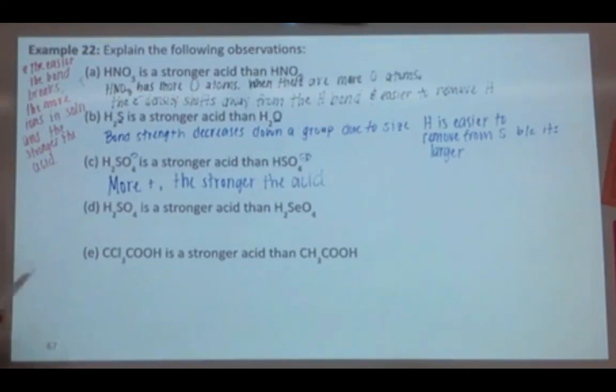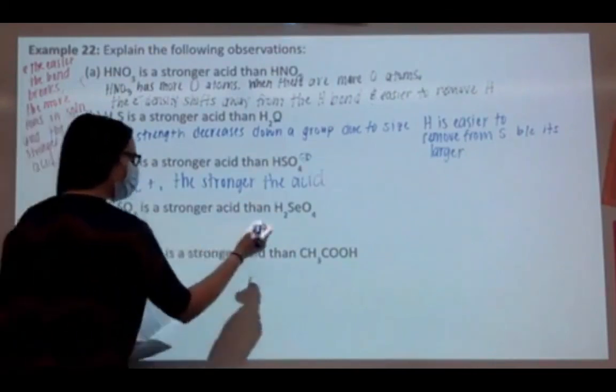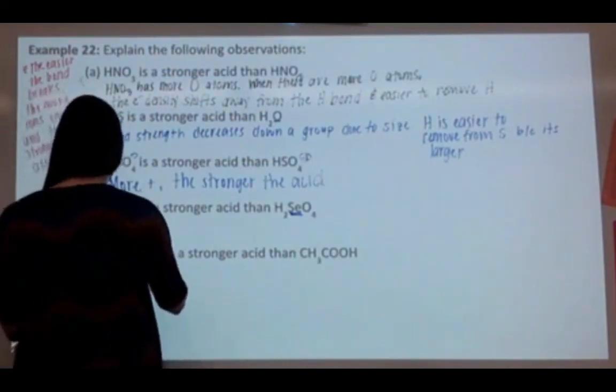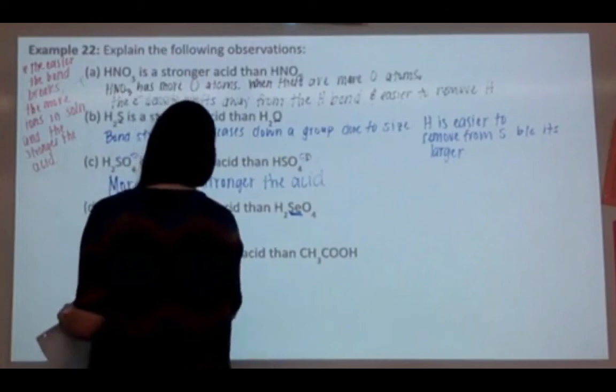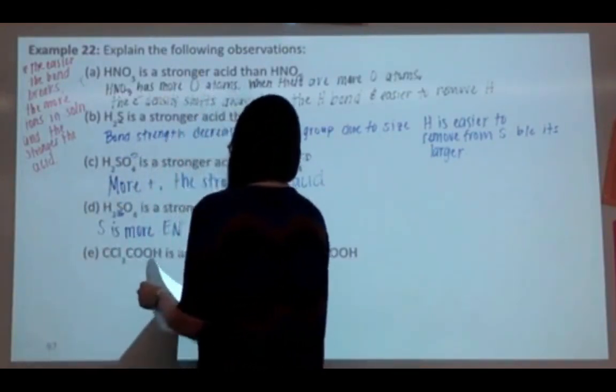Part D, H2SO4 is a stronger acid than H2SeO4. So now here I notice that the central atom is different. When you have an oxyacid with a different central atom, you look at electronegativity. So S is more electronegative than Se.